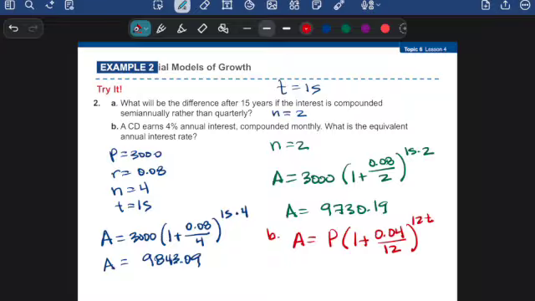Okay, and we just need to simplify this. That's all they're wanting us to do, is just simplify the growth factor. So P times 0.04 divided by 12 is going to be 0.0033 to the 12t.